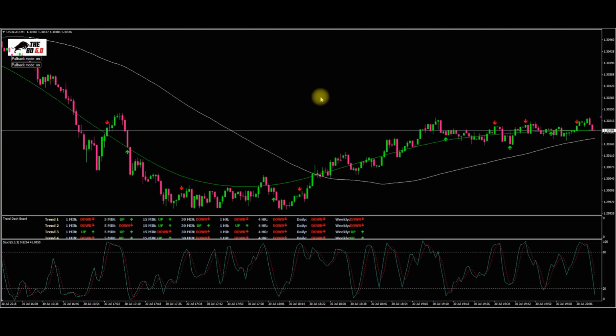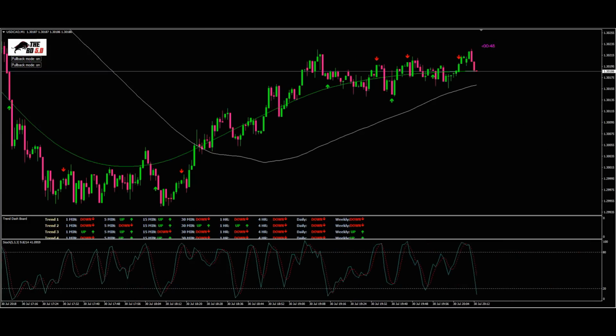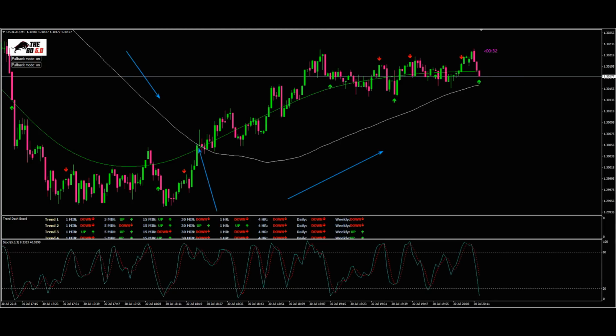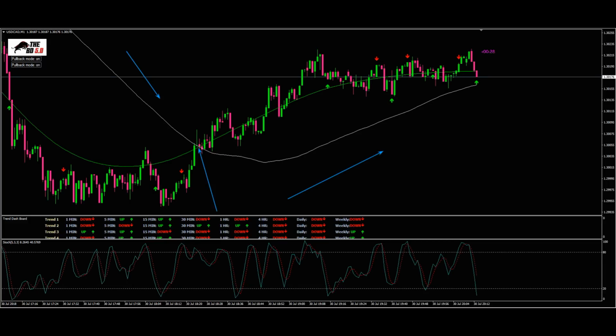I'll quickly show you now on USD CAD, right? So USD CAD, price trended down. It crossed, symbolizing a reversal. We're now trending up. So what I'm looking to do is to get into trades. Now, can you see, look, I've actually got a nice signal here.